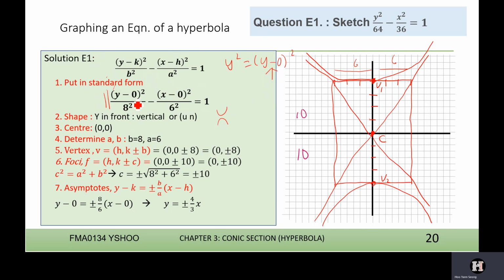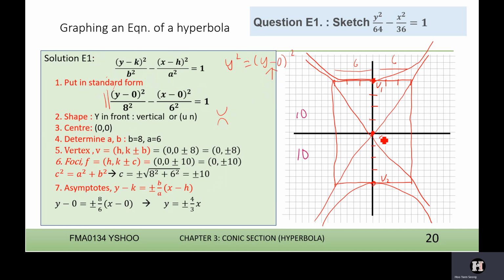Okay, so now we need to sketch our foci. Before you label your foci, you need to calculate c. c squared equals a squared plus b squared, or c is plus or minus the square root of a squared plus b squared. So over here it is plus or minus 10.